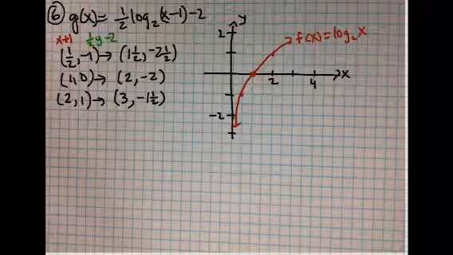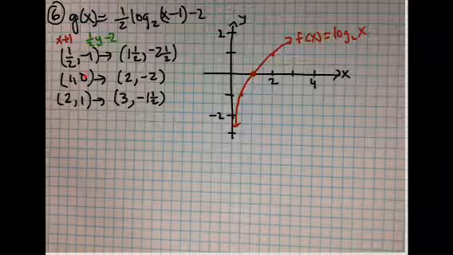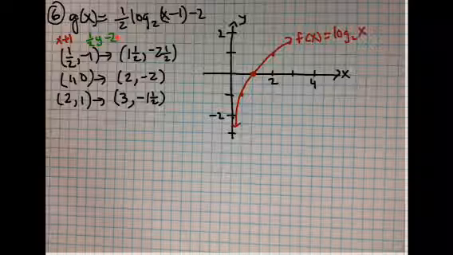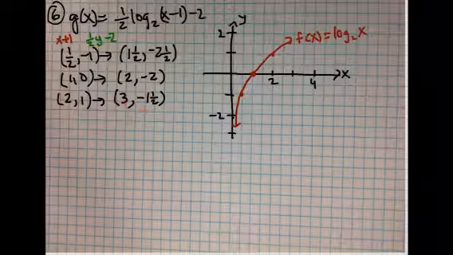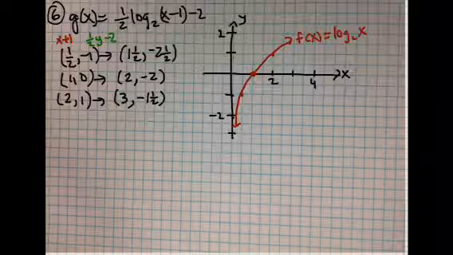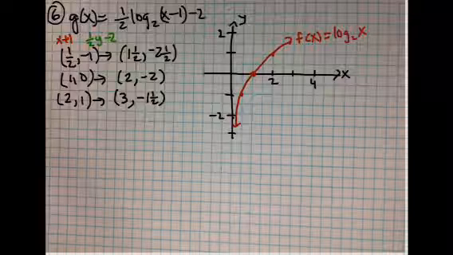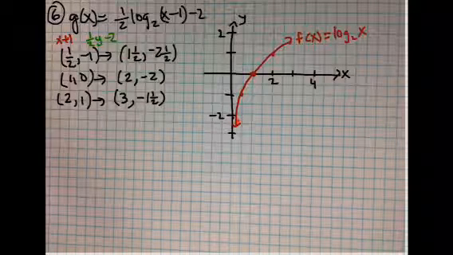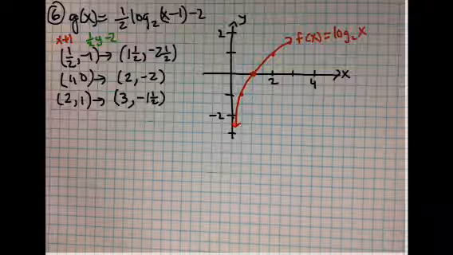Okay, so here's number 6. The base is 2, so you have these reference points. This is the transformation that they're going to go through, and here are the points. Okay, this is your h, your a, and your k. And then this is the parent function log base 2 of x.